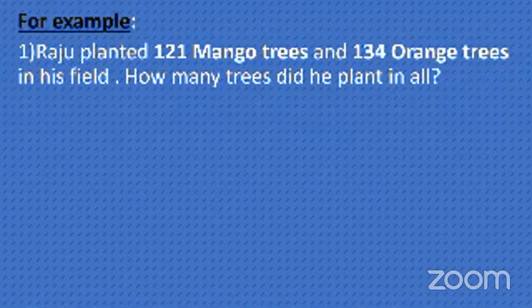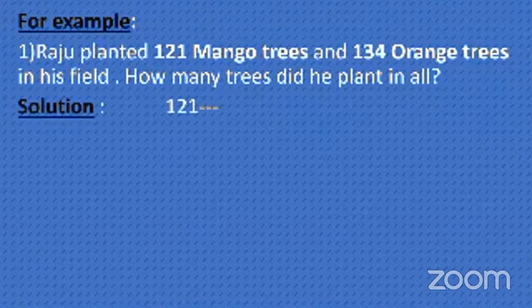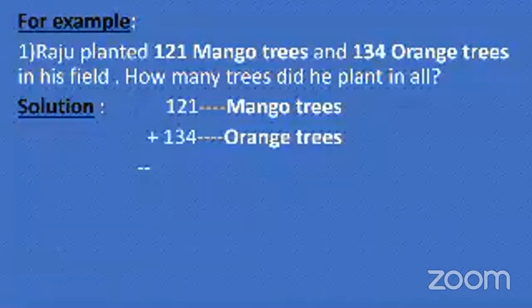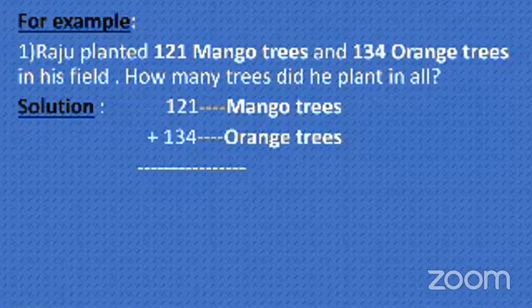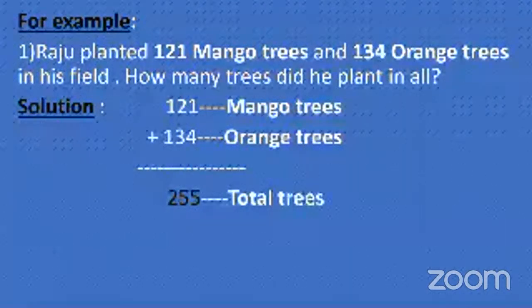How many means we have to make the addition. So we will solve that. What is the solution? 121 mango trees plus 134 orange trees. So we'll add those numbers. 1 plus 4 is 5, 2 plus 3 is 5, and 1 plus 1 is 2.